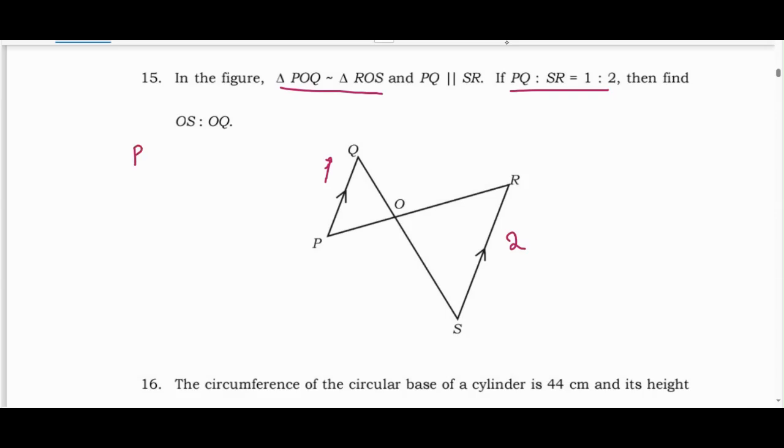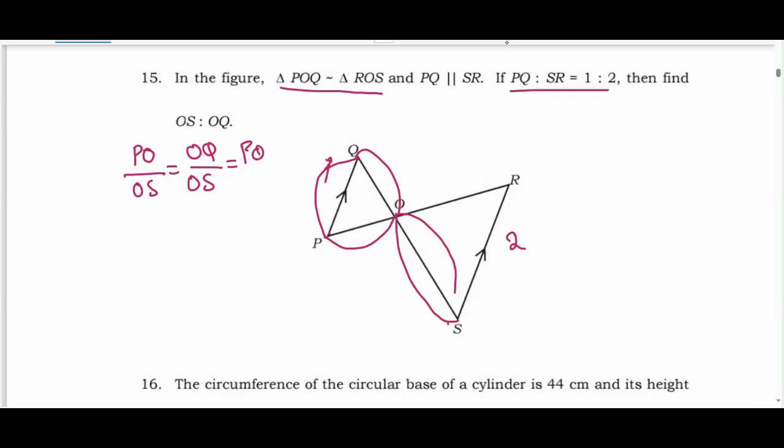So we know that by using the similarity properties of triangles, we can write that PO by OS, then OQ by OR, will be equal to PQ by SR. So therefore PQ by OS will be 1 by 2.